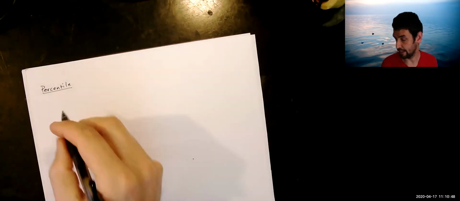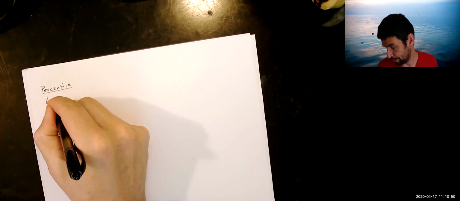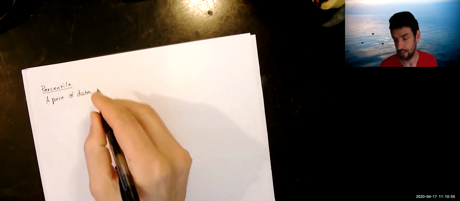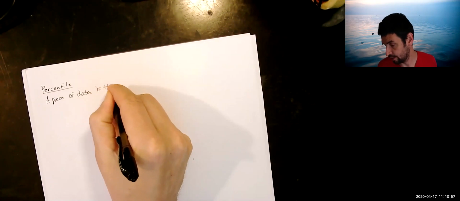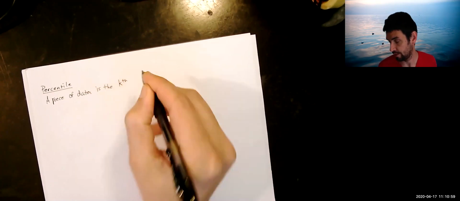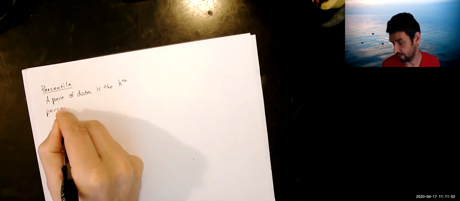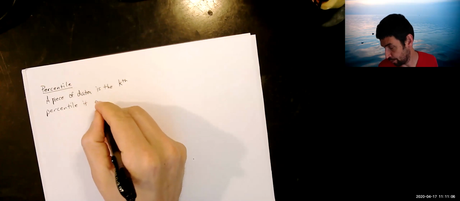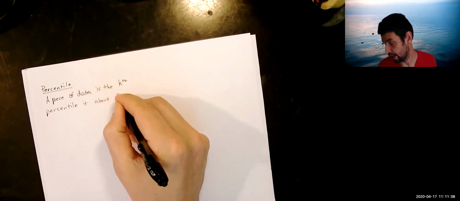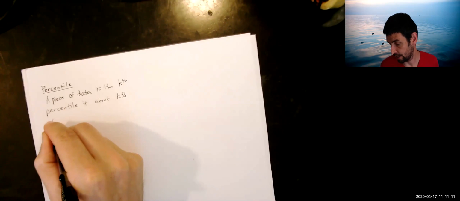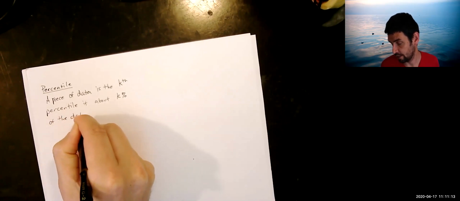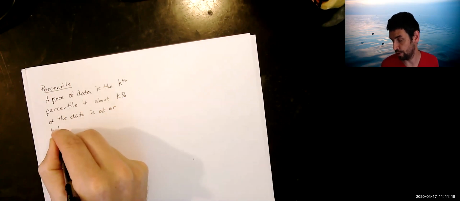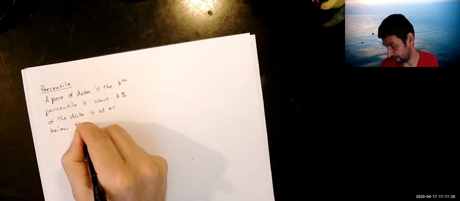So we would say a piece of data is the kth percentile if about k% of the data is at or below that value.